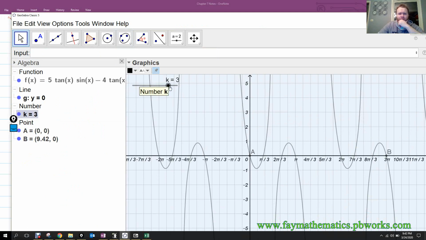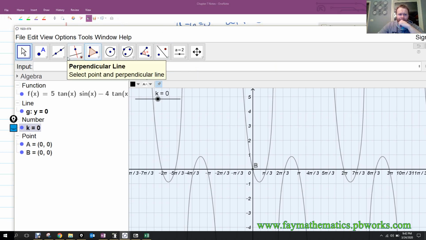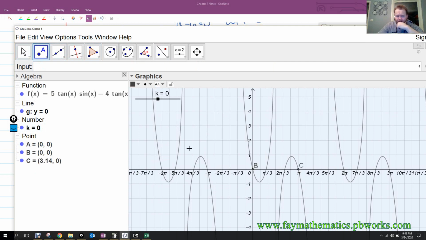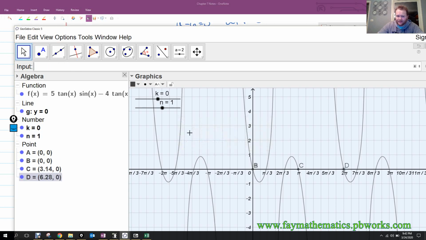Now, that would be the information for that tangent portion of the equation. If we were to type in, let's go find this intersection point right here, C. I'm going to take the x value of C, add to it pi times, instead of using k, I'll use n now, comma 0. So we can make another slider for n.